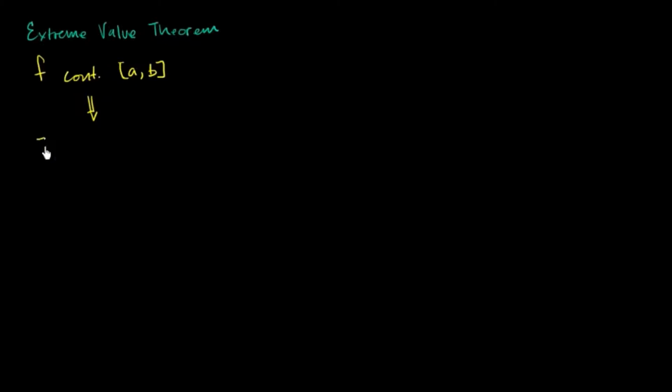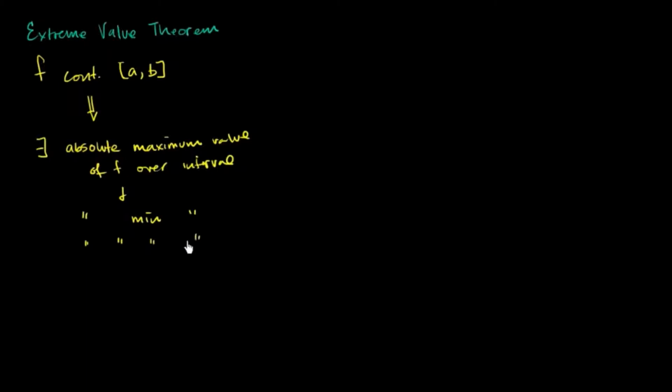So that means there exists, this is the logical symbol for there exists, an absolute maximum value of f over the interval and an absolute minimum value of f over the interval.